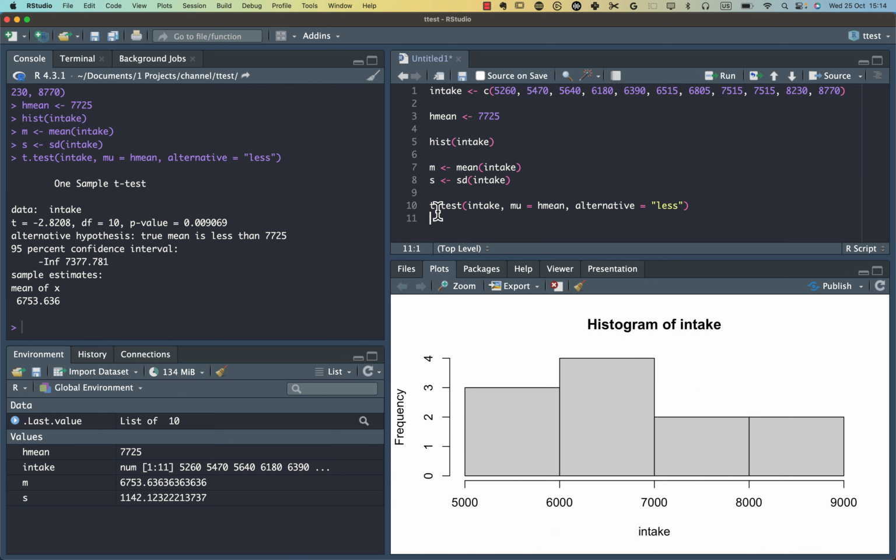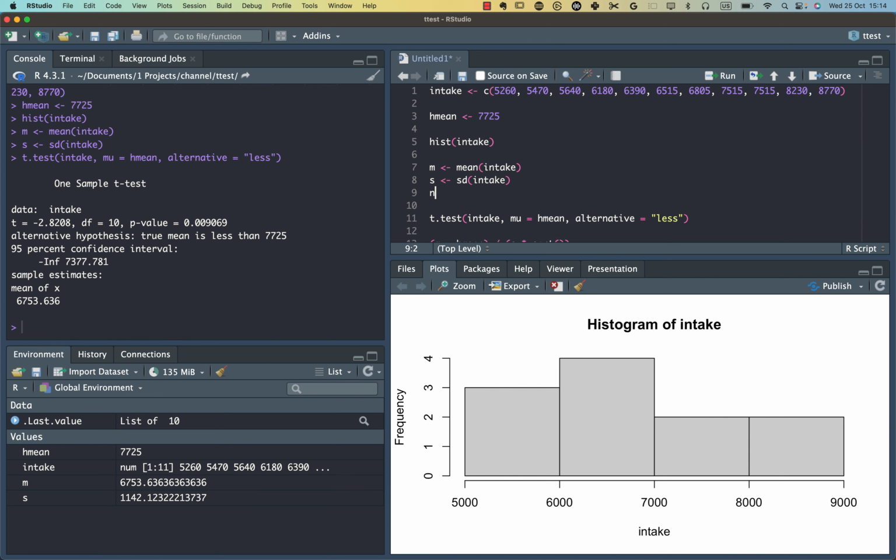So what the t-test is doing behind your back is computing some statistic from the data. In this case, the t-statistic is simply taking the mean of your intake, actually we already have it, m, minus the hypothetical mean, and this gets divided by the empirical standard deviation times the square root of the number of elements.